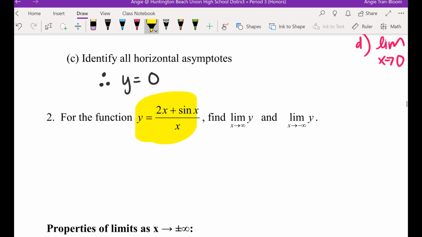You can also hit zoom fit to see what the graph looks like. Make sure the equation is entered in front of you.